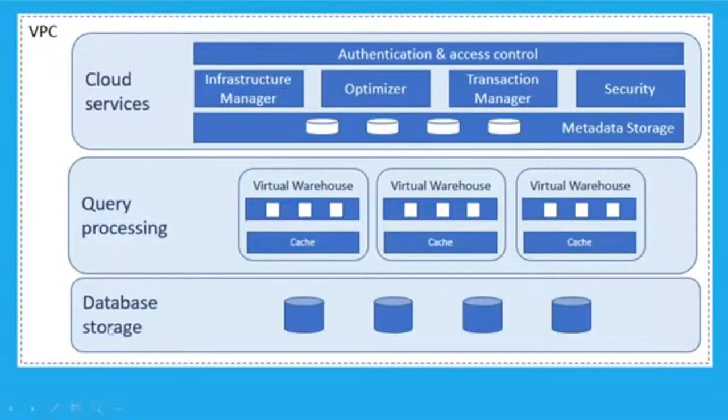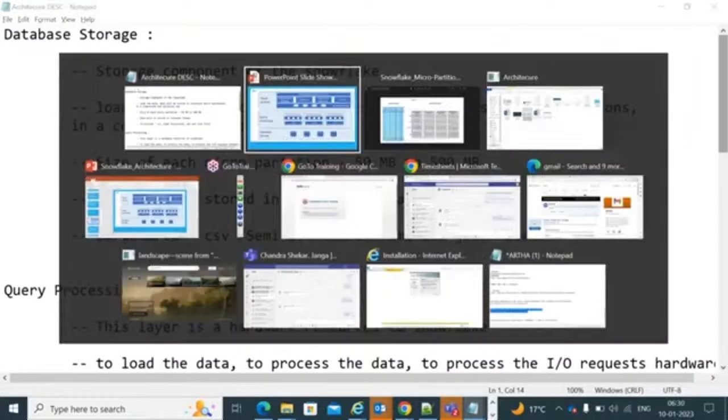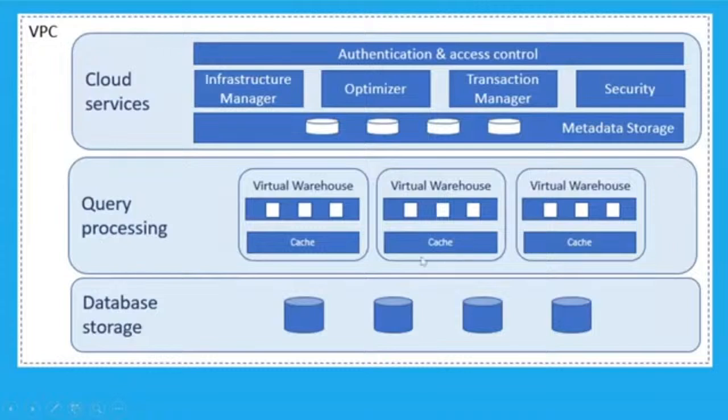We are done with the database storage layer discussion, and then we'll go to the query processing layer. Just as the database storage layer is important in Snowflake, this query processing layer is also very important. In a single word, I can say this query processing layer is the virtual compute warehouse.